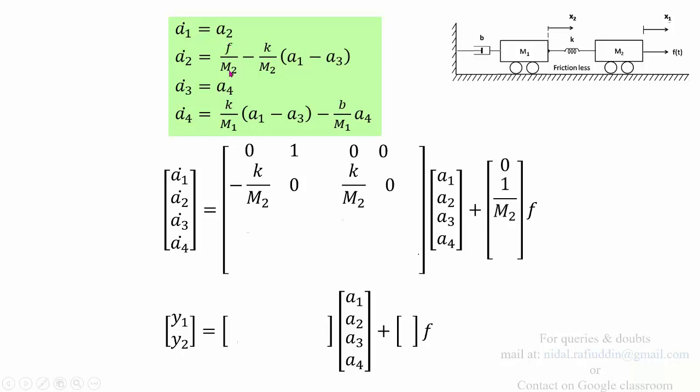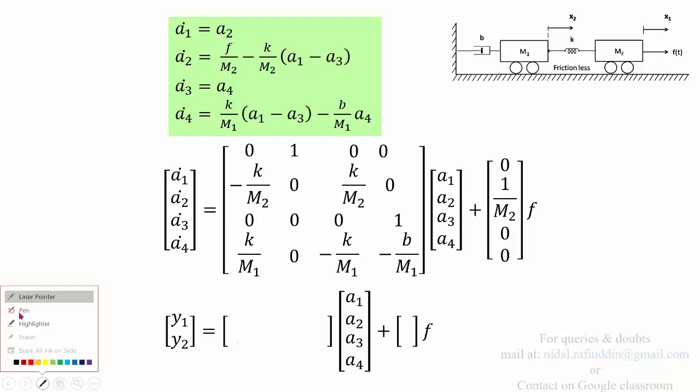Then a3 dot is equal to a4, so this becomes 0, 0, 0, 1, and no input, 0. a4 dot is k by m1, a1, no term for a2, 0. a3 is k by m1 with a minus sign, and again minus b by m1 with a4, and no input, 0. So this is the required state equation.